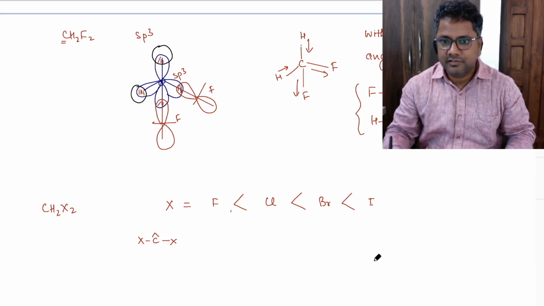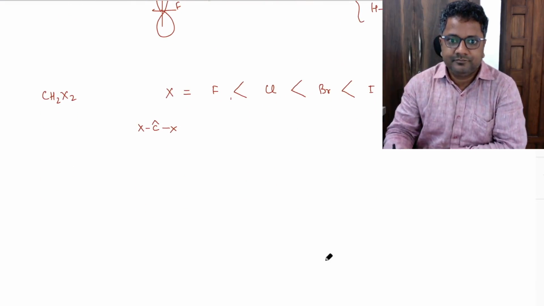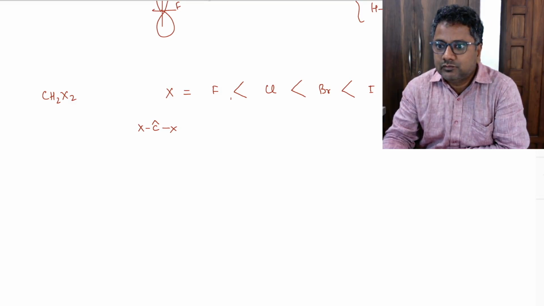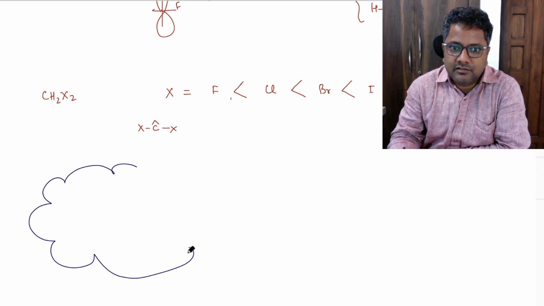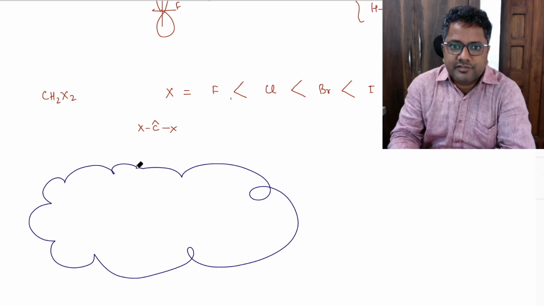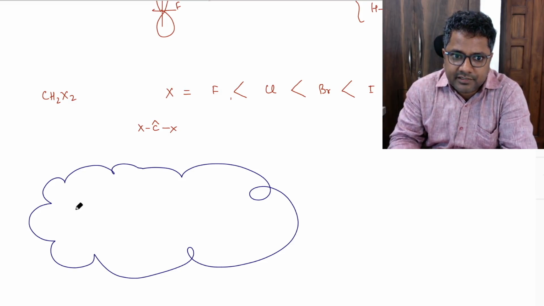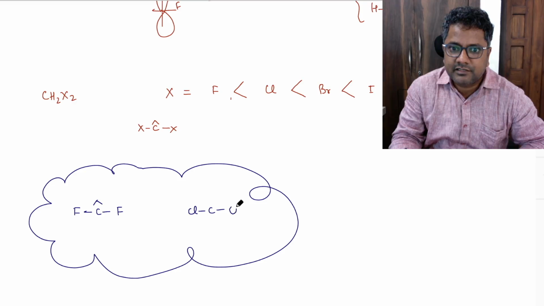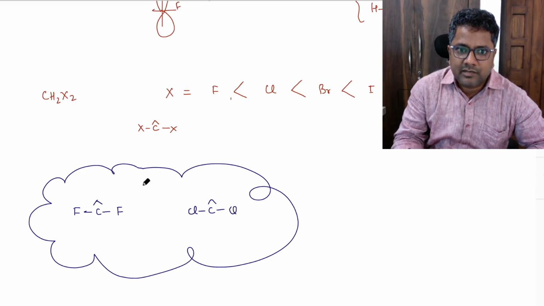Clear? Any doubt? But here I want to put a note that in case of such compounds, if you compare FCF and ClCCl, the normal bond angle is 109 degree 28 minute, right?